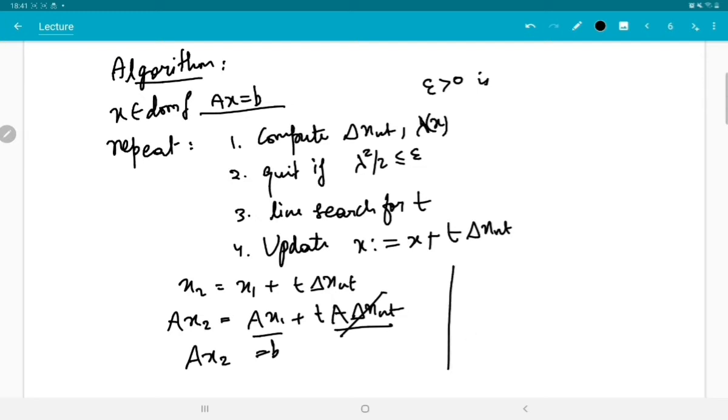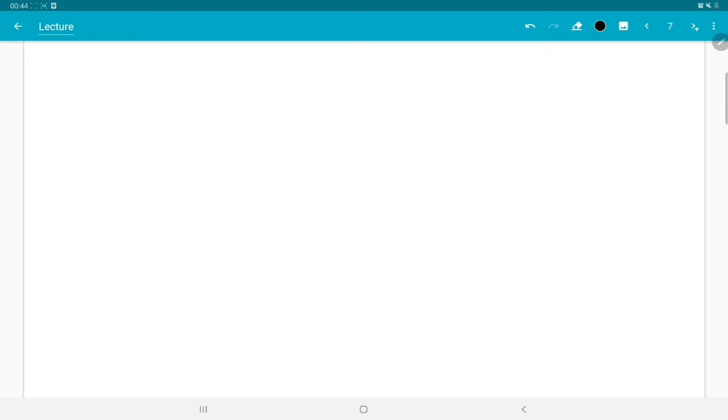So this is also known as feasible descent method, because we are not moving out of the feasible region. And in the beginning of the video we discussed how an equality constraint problem can be converted into an unconstrained problem by eliminating that constraint.